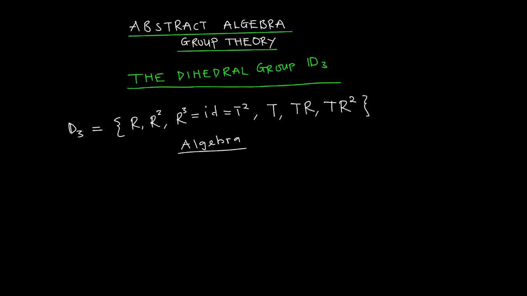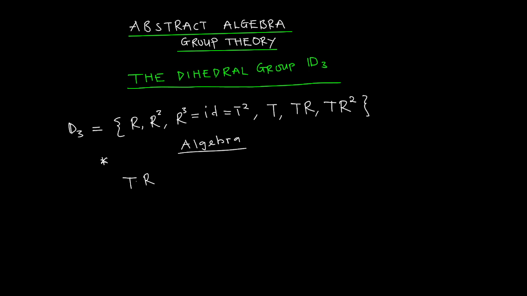My focus is on the algebra. Remember, for this to be a group, it must satisfy all the four properties that I've mentioned. So anything I do here would always satisfy those properties. Now, the first thing we're going to do is T composed with R. I'm just going to get rid of the composition sign because it takes a lot of effort to write.